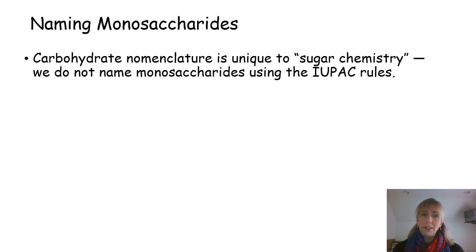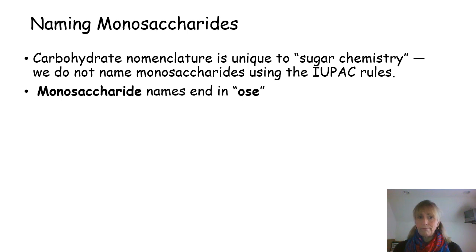Well, carbohydrate nomenclature, what can I say about it? It's unique to a certain segment of chemistry known as sugar chemistry. And sugar chemistry does not name monosaccharides using the IUPAC rules. So we've got a whole different set of naming rules for monosaccharides.